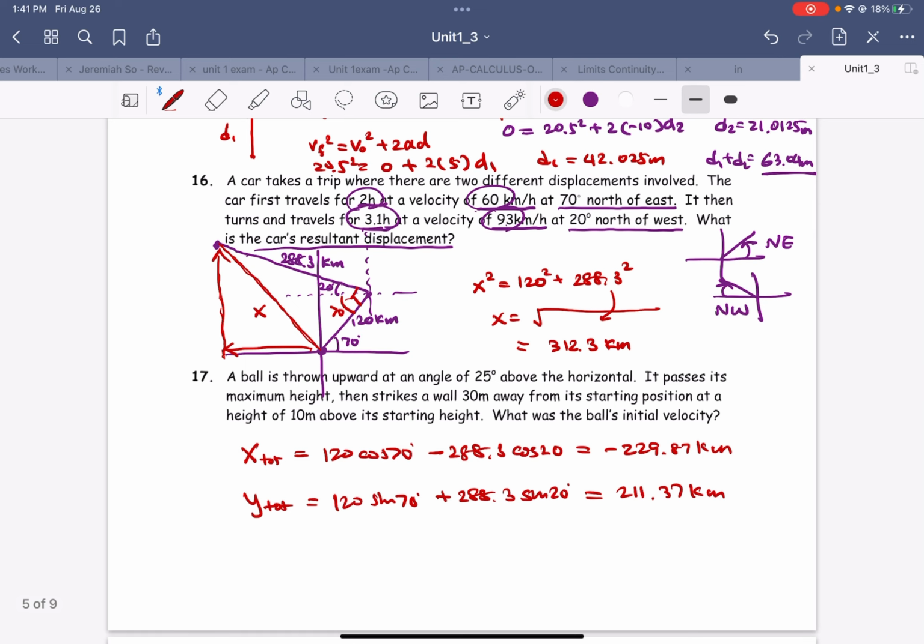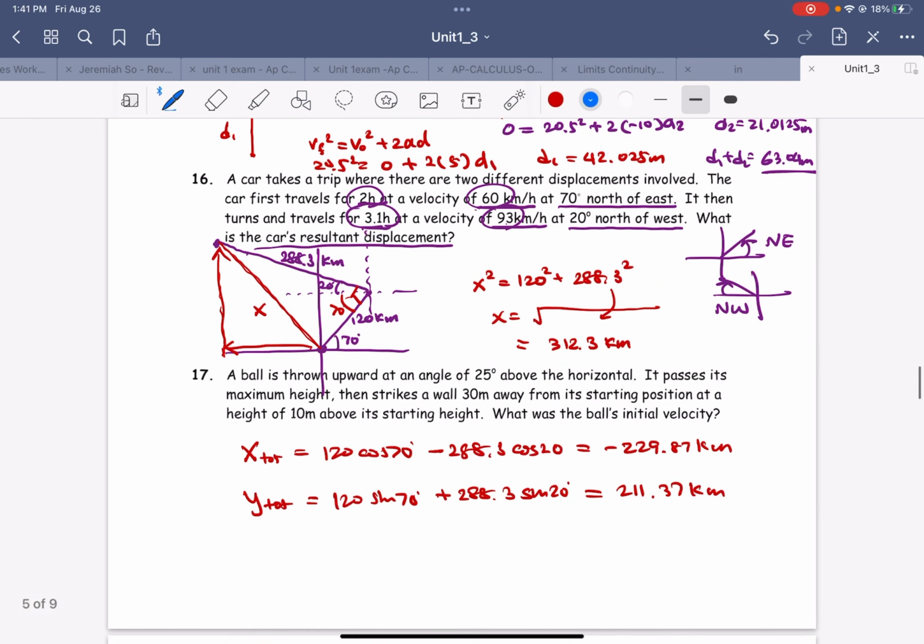So let me rewrite it. What I'm saying is, right here, that's x total. This is y total. So that is negative 229.87 kilometers, and the one right here is 211.37. Let's say r is my x.